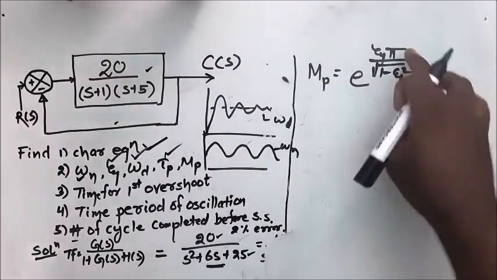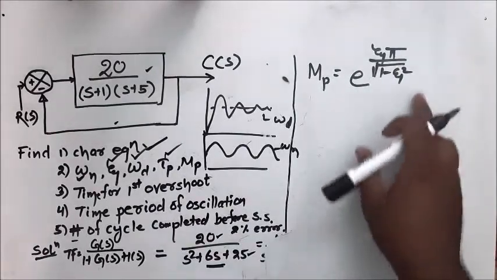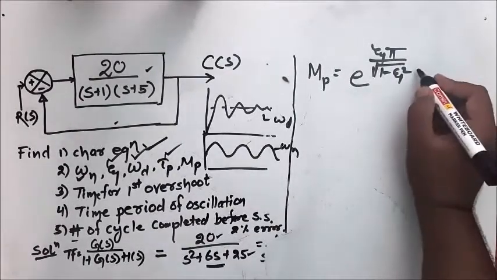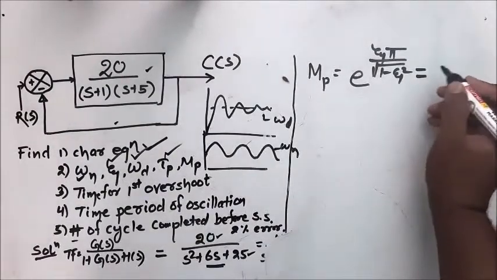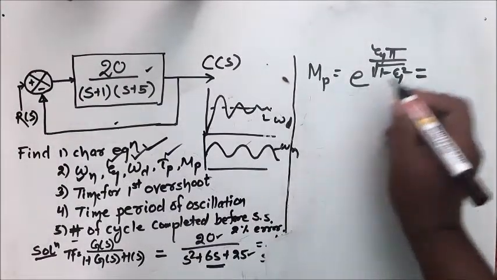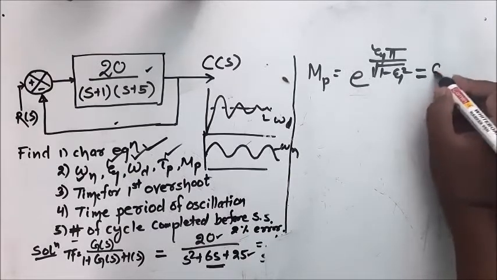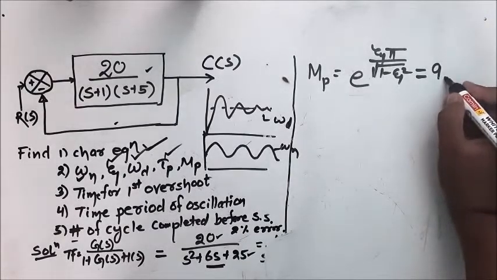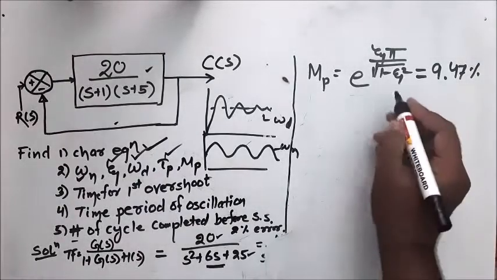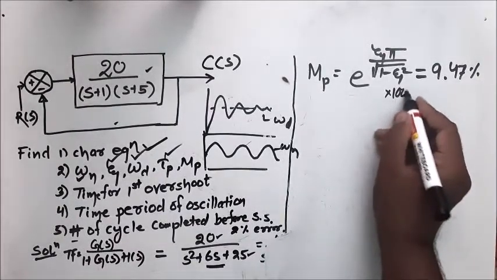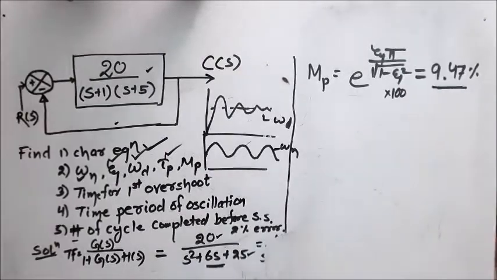Remember, the pi will be in radian, not in degree. So after applying these values and solving, we will get Mp equal to 9.47. Multiply this with 100, so we'll get 9.47 percent.